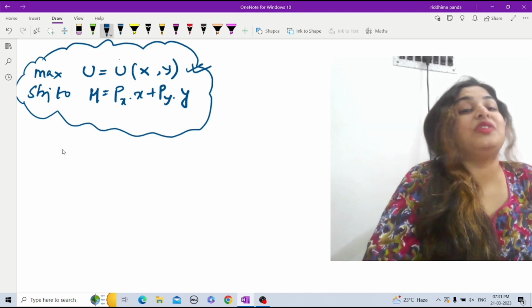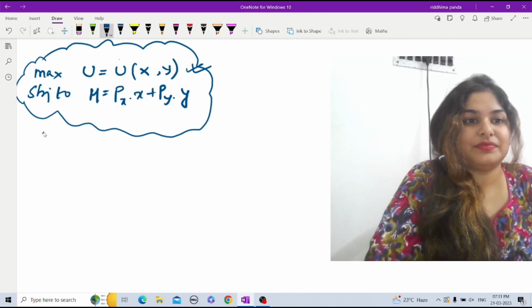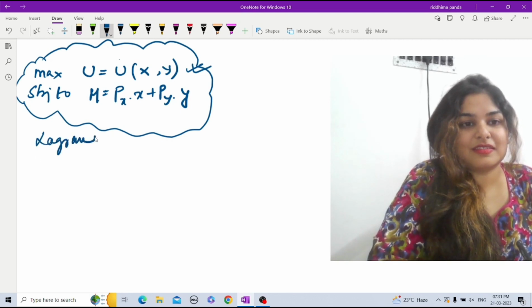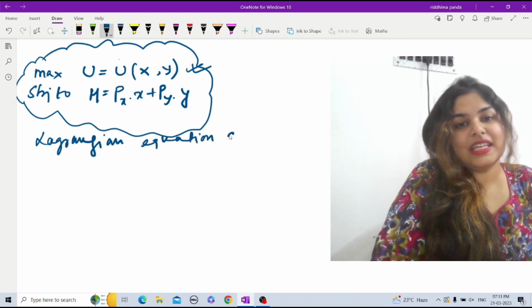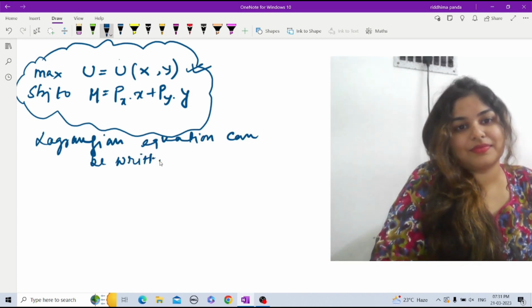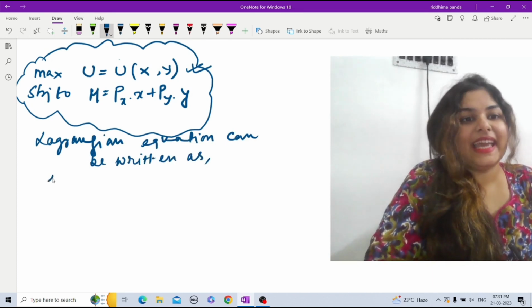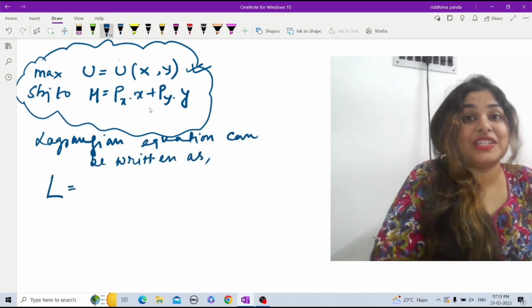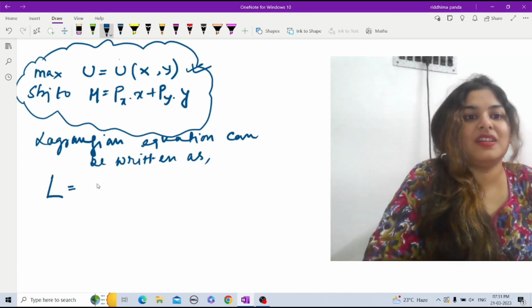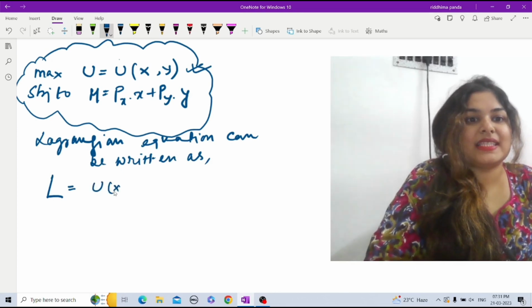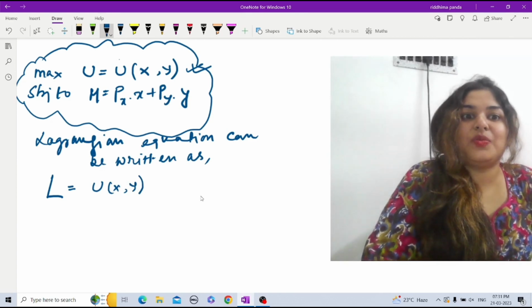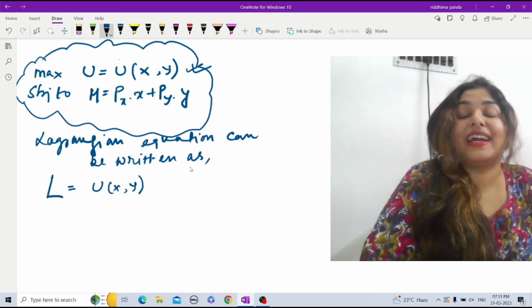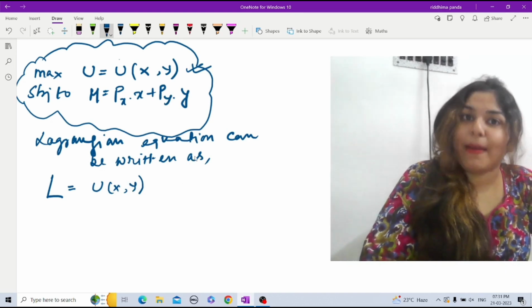How can I write down the Lagrangian expression? L equals, first of all we write down the objective function, that is U(X, Y), and we join the constraint with this in a single equation using the Lagrangian multiplier, let's say lambda.